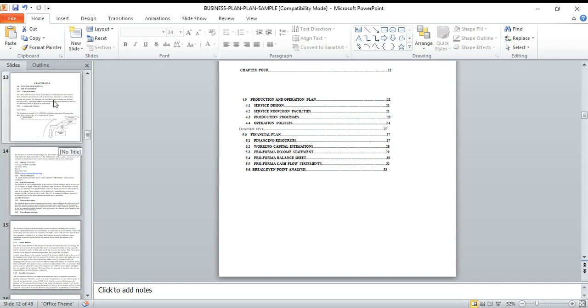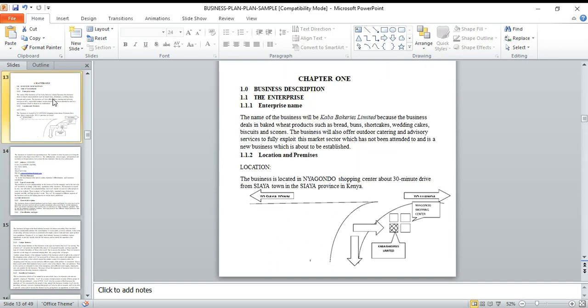So let's jump into chapter 1 and see how we can proceed. Having looked at the cover page, the next thing is the document itself, now the chapters. And we start with chapter 1. And you can see how the arrangement of the subtopics or the subchapters looks like.